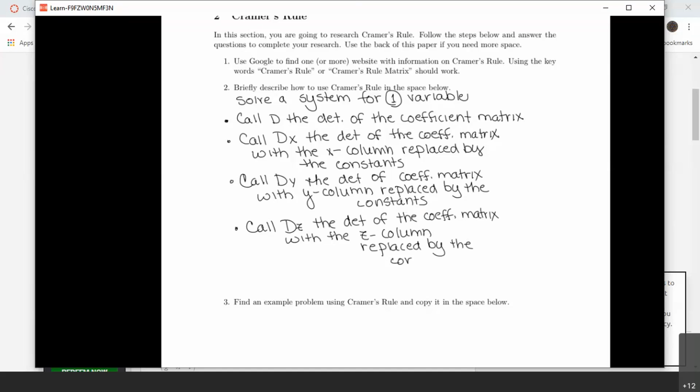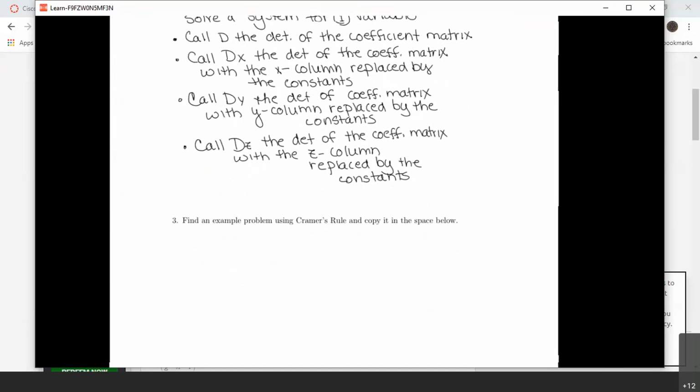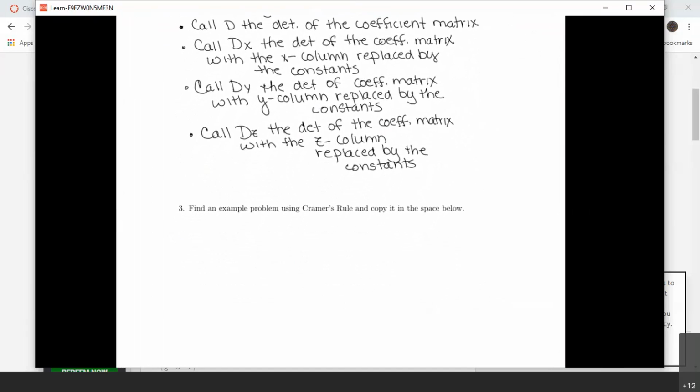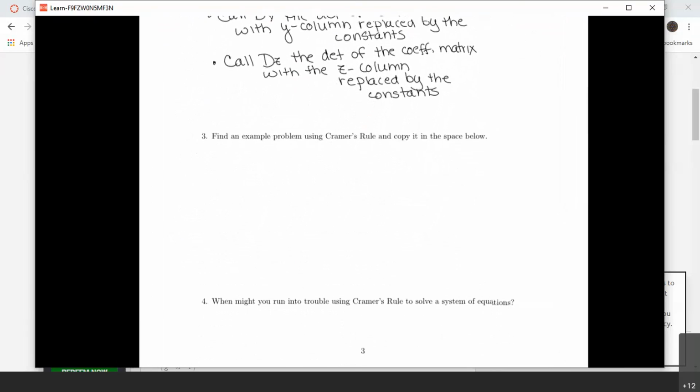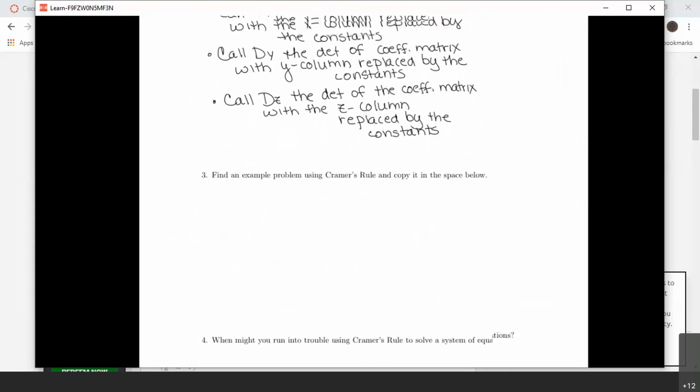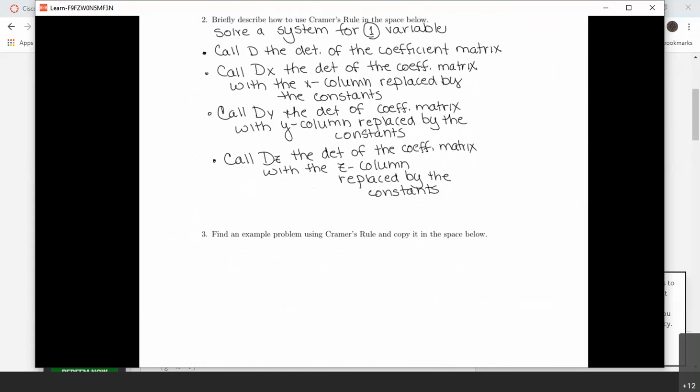And again, the process generalizes if you have fewer equations and variables, and if you have more equations and variables. So I found an example where we can use Cramer's rule. Does everybody pretty much understand what I'm talking about here?